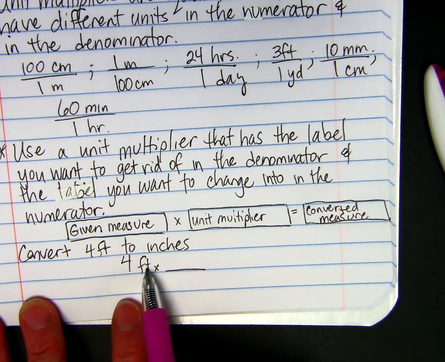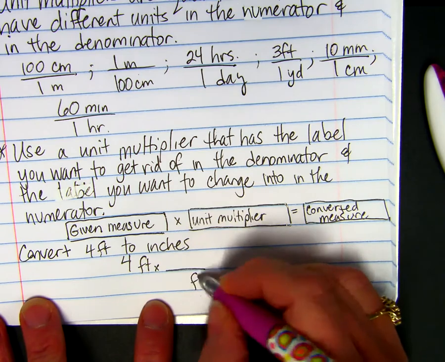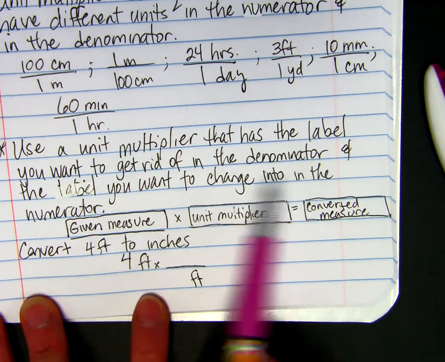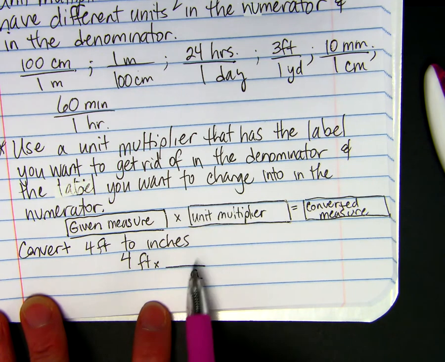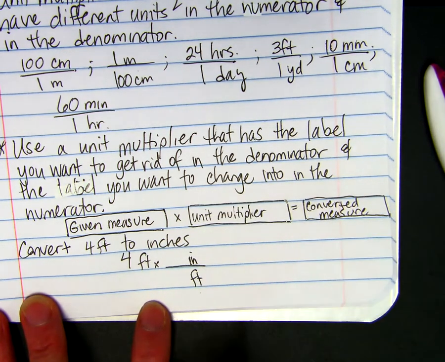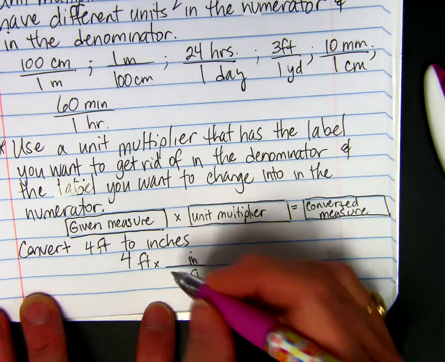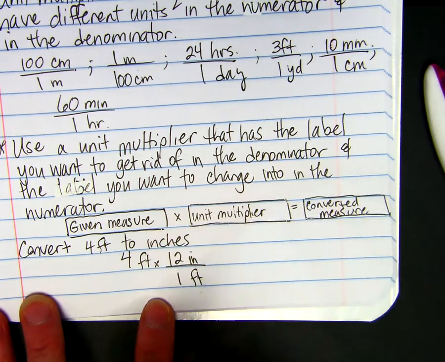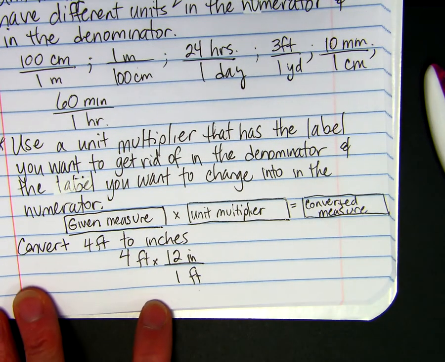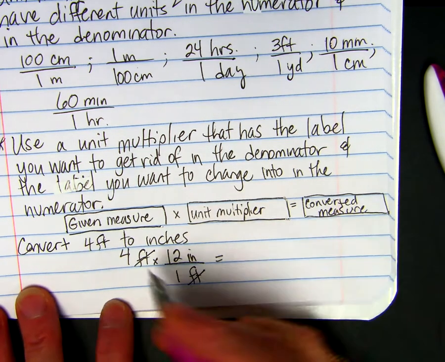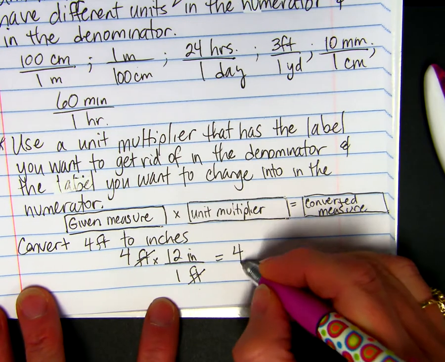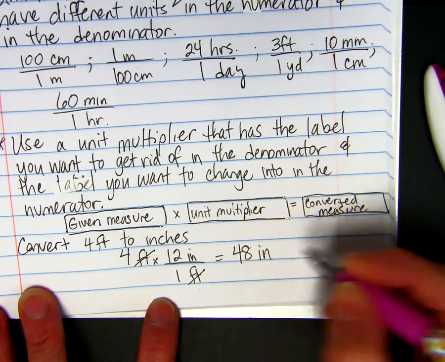So we don't want feet, so we put it in the denominator. And the label you want to change it into in the numerator. So I'm going to put inches in here. Then you fill in the numbers. Well, there's 12 inches in 1 foot. You can cancel your labels. Don't forget to cancel your labels. Multiply straight across, 48 inches.